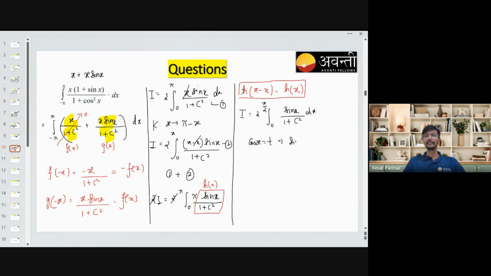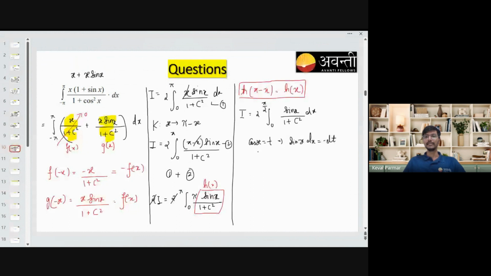That means sin x dx will be equals to minus dt.